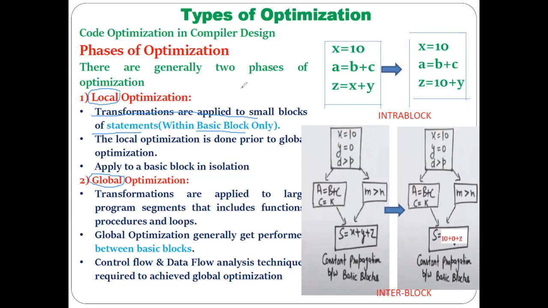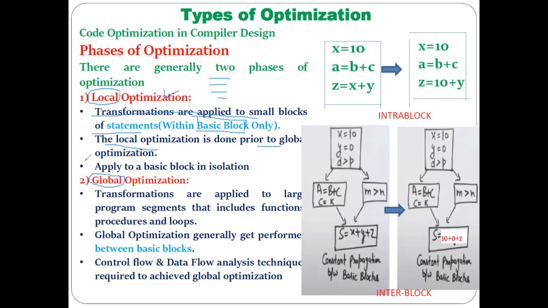Last time we said the basic block is nothing but a consecutive sequence of statements without any branching or jumping. So if we perform the optimization within a basic block only, for only one basic block, then that kind of optimization is called local optimization. Understood? And this kind of optimization generally gets performed before the global optimization.